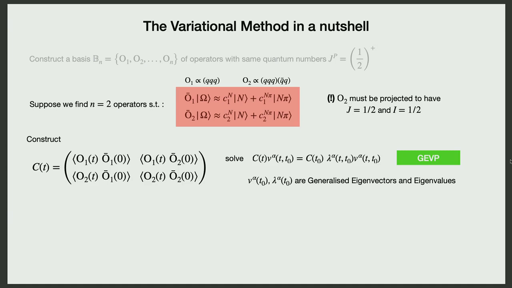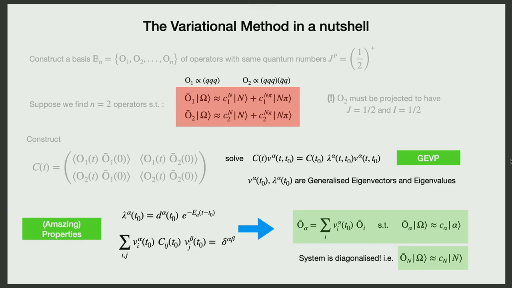And one can solve the GEVP at different t0 reference times to get the generalized eigenvalues and eigenvectors, lambda and V. They have amazing properties. The eigenvalues fall exponentially with the energy of your state, whereas the eigenvectors can be used to diagonalize the system.